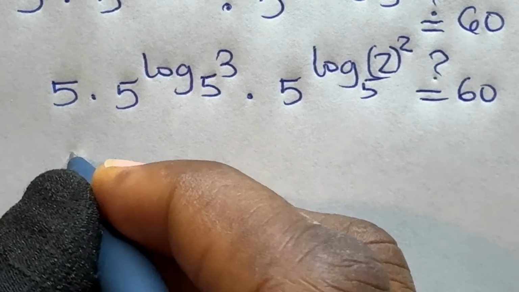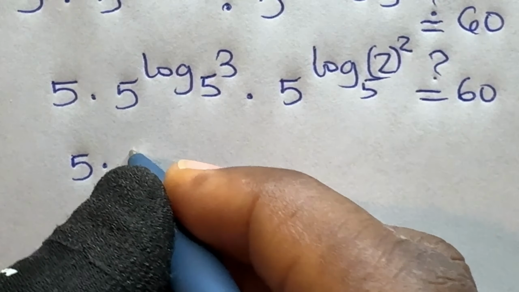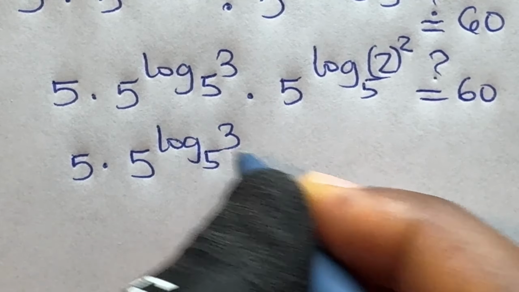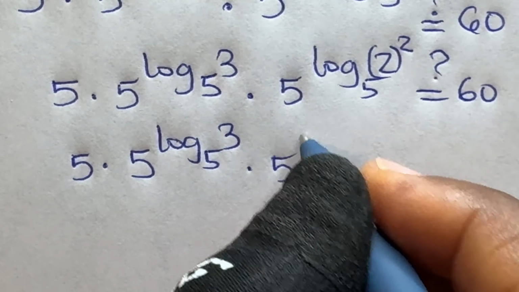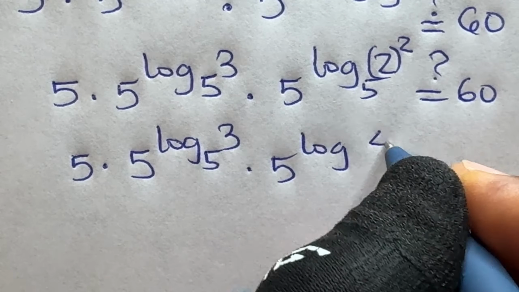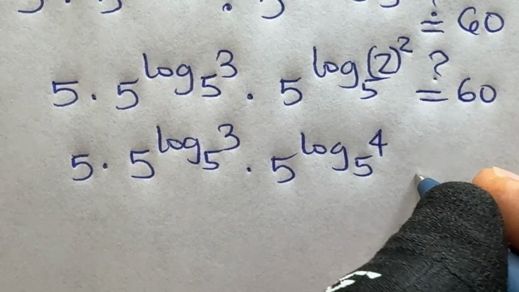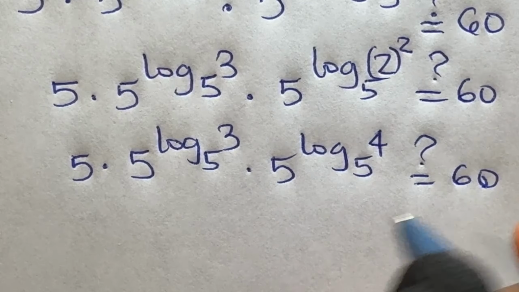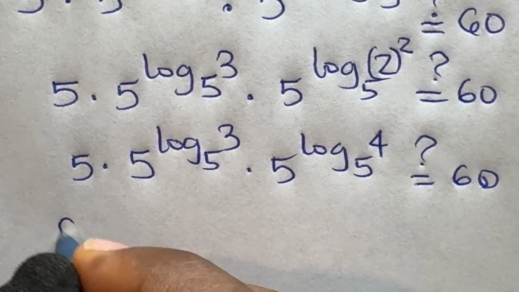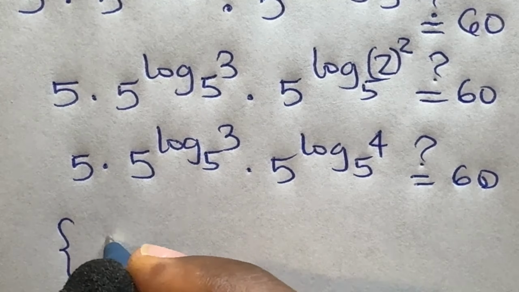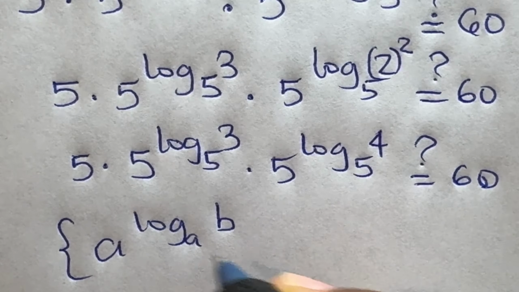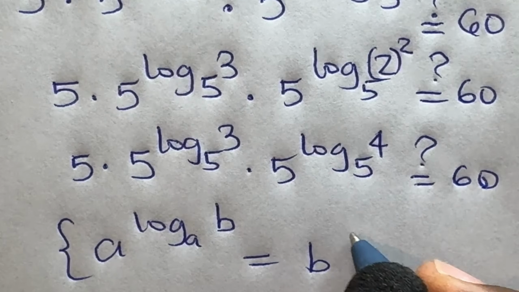We would have 5 times 5 raised to power log 3 base 5 times 5 raised to power log 4 base 5 is equal to 60. And in logarithm, expressions like this, a raised to power log b base a is equal to b.